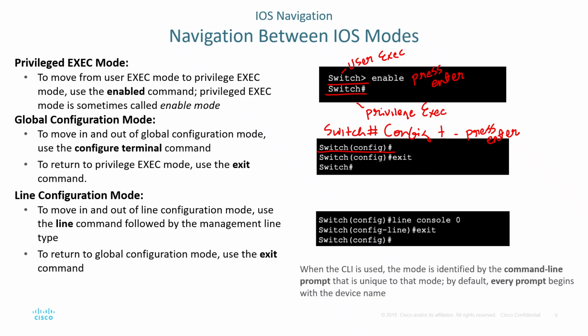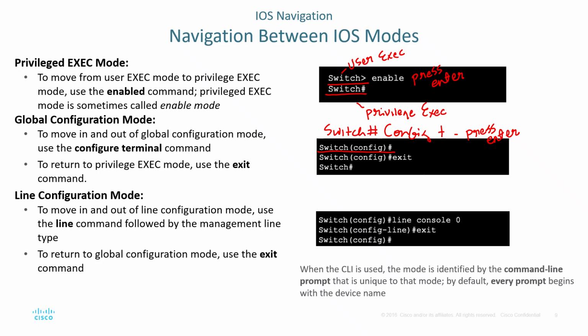Now, line configuration mode, so these are sub-configuration modes. Line is your first one that we're learning about. When you want to go into any one of those lines, and again, you have line con 0, you have line AUX, you have line VTY, any one of those, you get there with the line configuration mode. So first thing you do from global is you type in the line that you want to get into, as you see here. In this example, I'm going into line console 0.